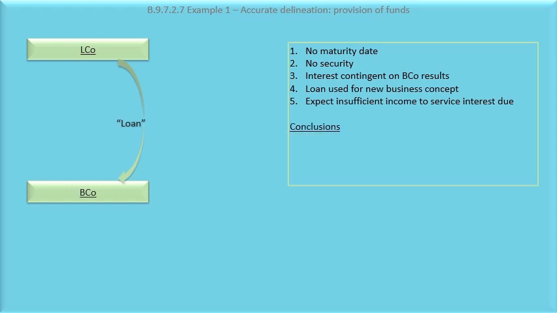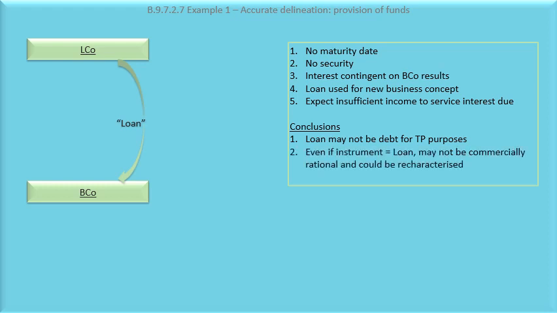The UN concludes and says, well, first of all, the loan may not be debt for TP purposes because of the characteristics above. So you look at the characteristics itself and decide this cannot be a loan. But then they go on to say, interestingly, that even if you decide that the instrument is a loan, because of its, I guess, contractual characteristics, it may still not be commercially rational, and it could still be recharacterized.